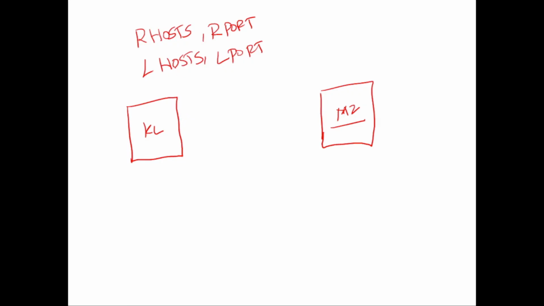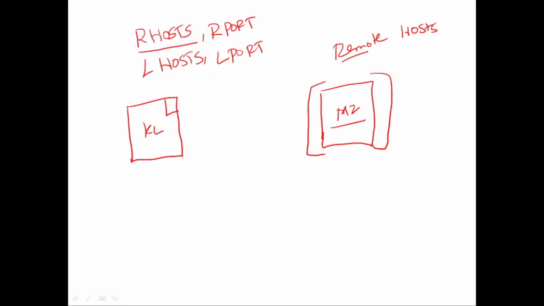Now, what do you mean by RHOSTS? RHOSTS are nothing but remote hosts. So I'll be running Metasploit framework from this specific attacking system, Kali Linux. So when I say RHOST, it is the vulnerable machine, a remote host.